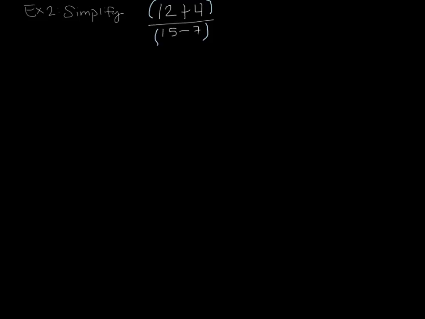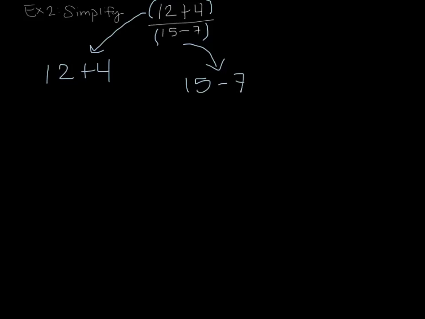So in order to start, I'm actually going to simplify each expression separately. So over to the side, I'm going to look at the numerator, which is 12 plus 4. And then to this side, I'm going to look at the denominator, which is 15 minus 7.